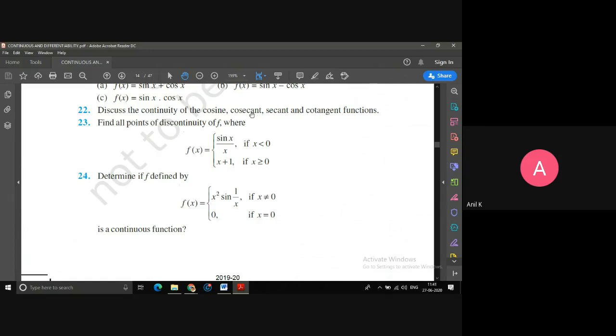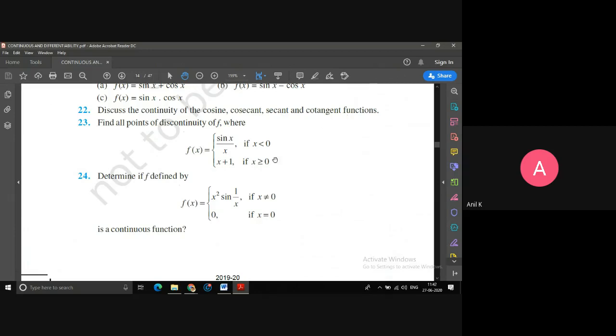Cosecant is continuous except where sin x is 0. Secant is continuous except where cos x is 0, because secant can be written as 1 upon cos. So cos is in the denominator, cos x cannot be 0. And tangent is also continuous, cot is also continuous except where sin is non-zero.